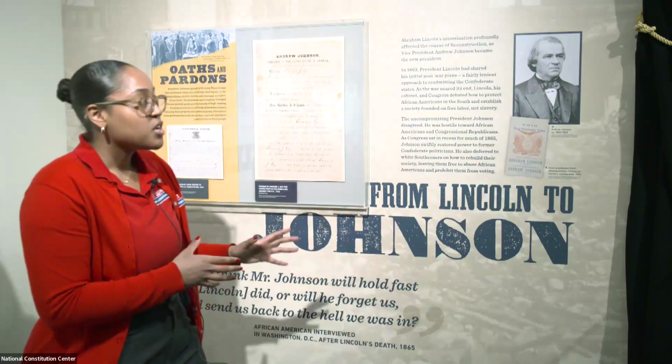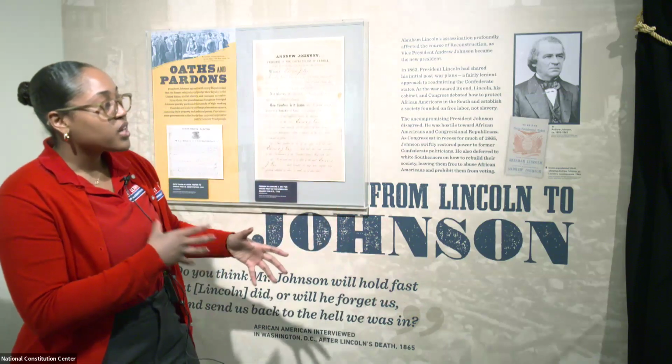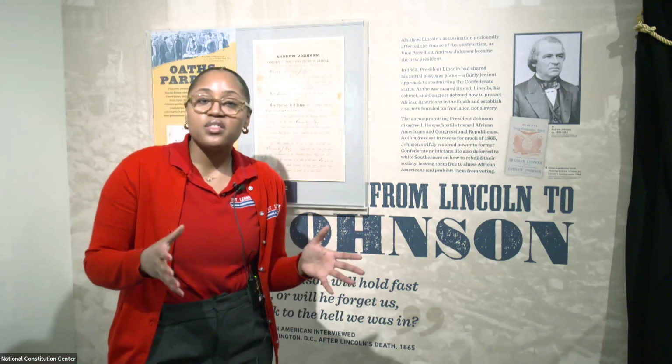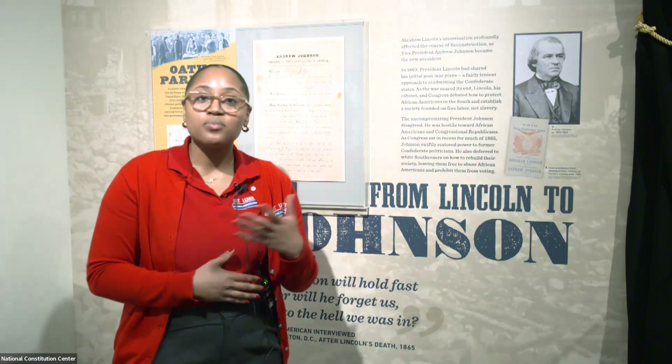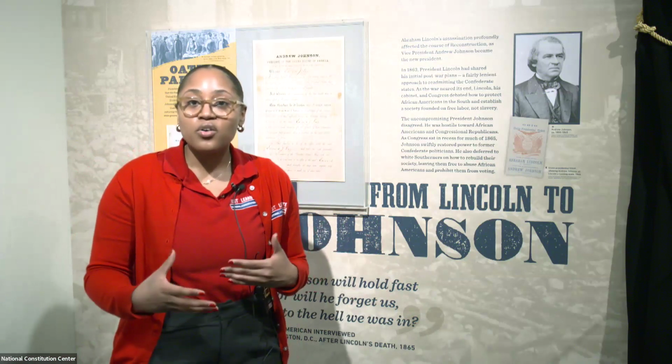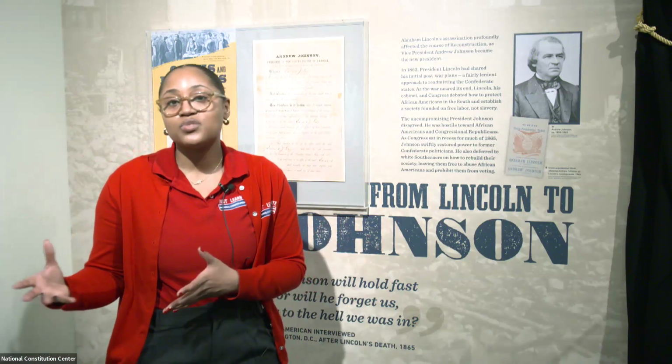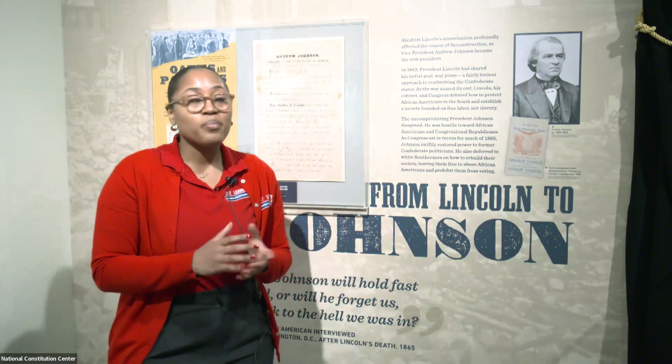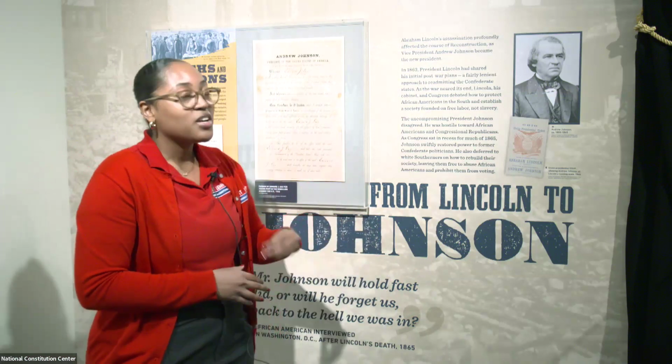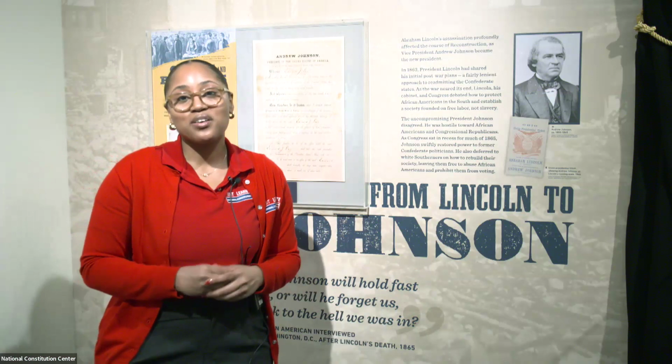He really wanted the United States to go back to the way it was prior to the Civil War beginning. And so because of that, we do have a lot of different conflicts within the United States government and things like that. Of course, there were some things that were moving along or things that helped African Americans within the United States. But again, Andrew Johnson made it extremely difficult during those times.